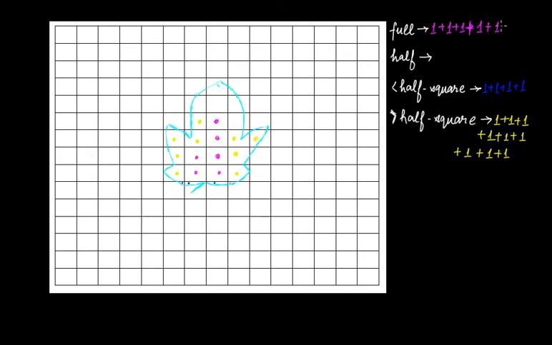is full, so plus 1, it's also more than half, this square covered by this diagram, plus 1, plus even in this one it's also more than half, plus 1, plus it's full, so plus 1, this also more than half, plus 1, now this is less than half, so plus 1, it's more than half, plus 1, and it is less than half, so plus 1.